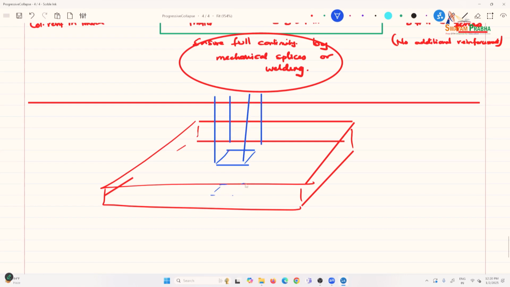And so you can add the ties, which are in tension. If it is existing, maybe you have some kind of a wrap around here, an FRP wrap, for example.